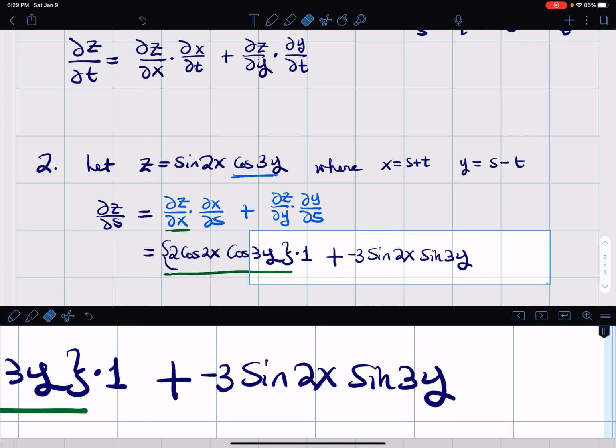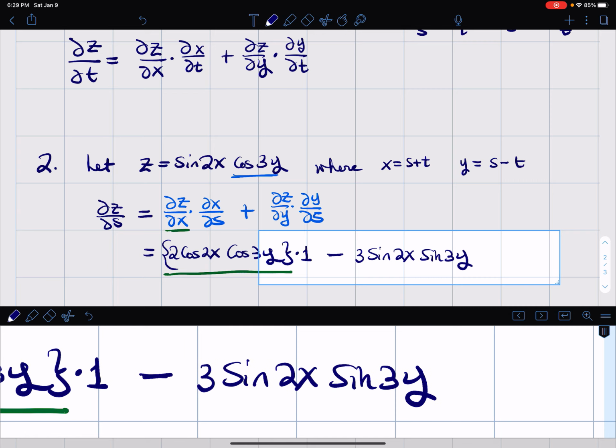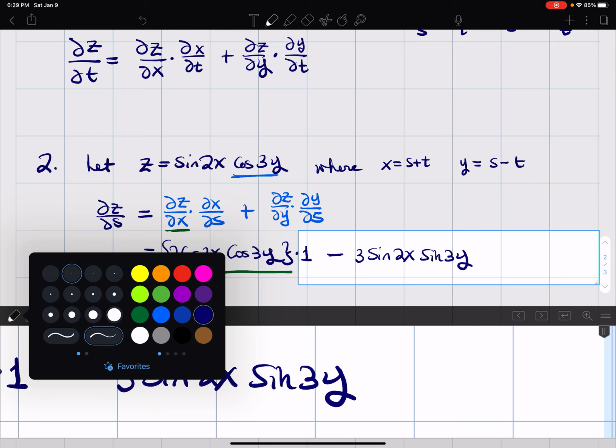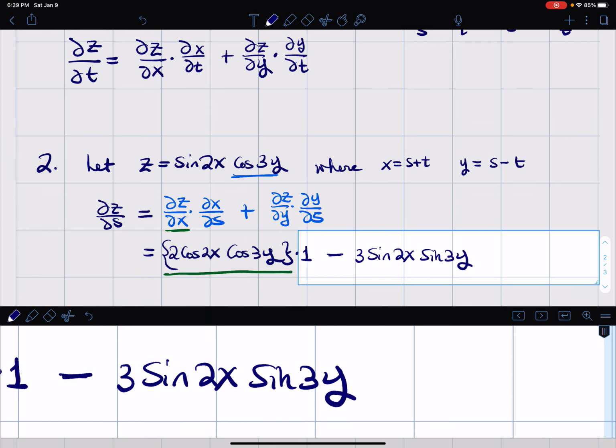Then we multiply by the derivative of y with respect to s, which is also just 1.